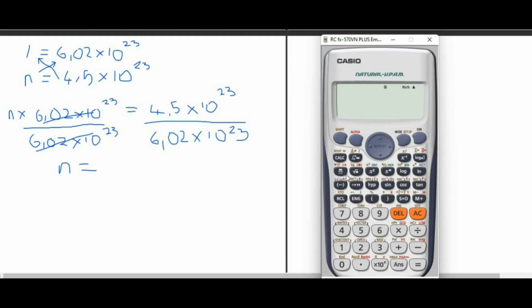I will have 4.5 multiplied by 10 to the power of 23, and the whole thing must be divided by 6.02 multiplied by 10 to the power of 23.